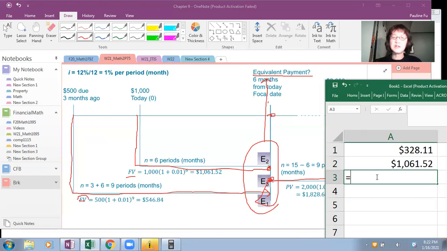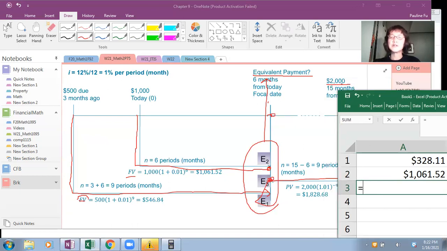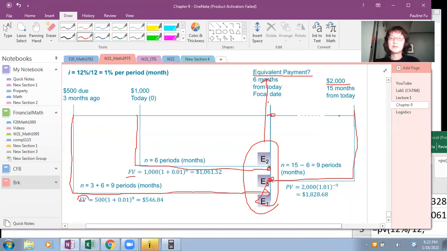Now E3 is PV, present value, of this $2,000. So PV, rate still 12% compounded monthly. NPER: from this point to this point, how many months?